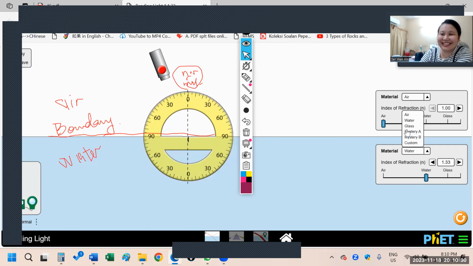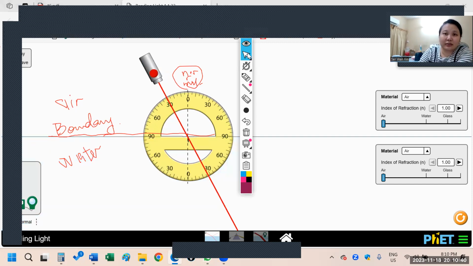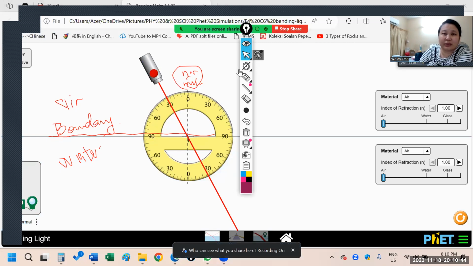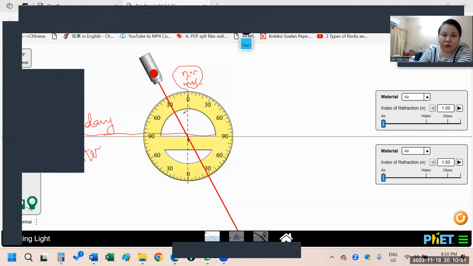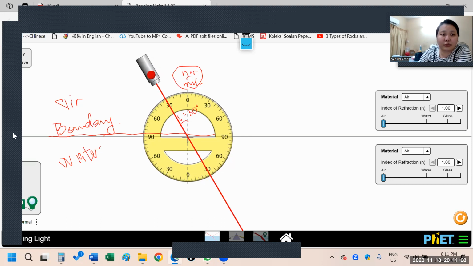If both media are the same, then when we shine the light at I equals 30 degrees, the refraction also 30 degrees. So the refraction will be 30 degrees too, if there's no difference of medium.